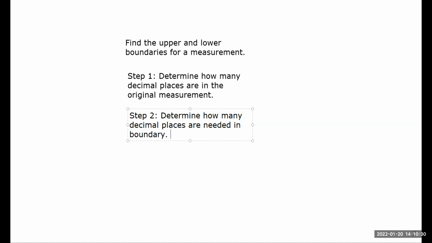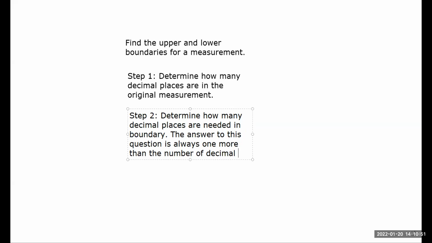And the decimal places that you need in the boundary, the answer to this question, is always 1 more than the number of decimal places in the measurement, okay? And I'll go over this when we go over the example, so don't worry.